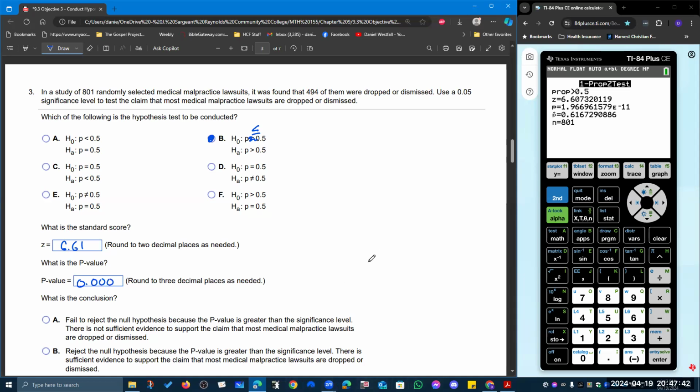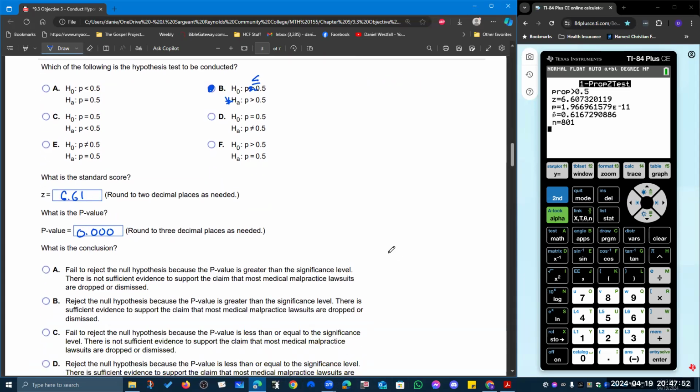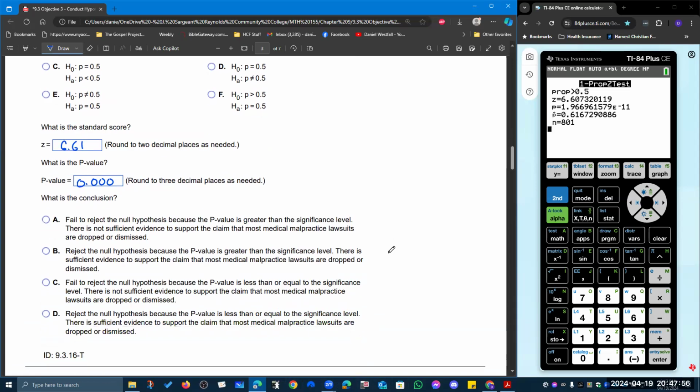And we are going to reject H naught. We're in the rejection region, and there's sufficient evidence to support the claim. Reject the null hypothesis. So the p-value is less than or equal to the significance level. There is sufficient evidence to support the claim.